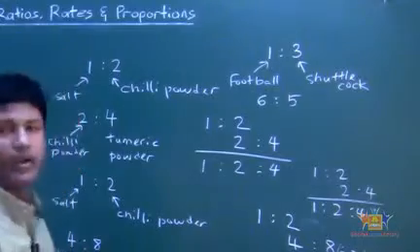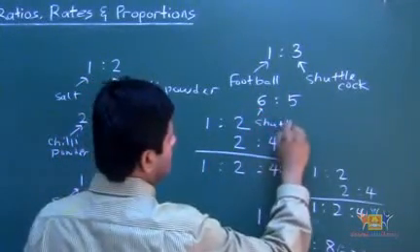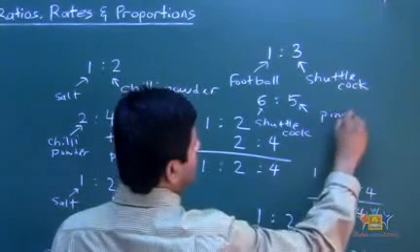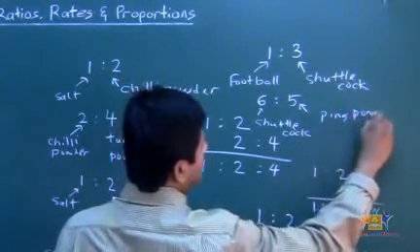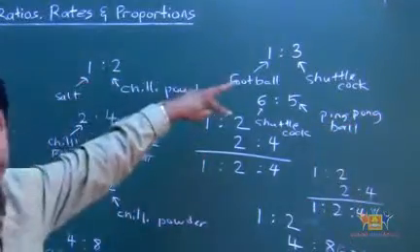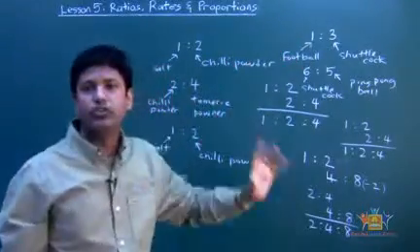The 6 is the shuttlecock, and 5 is the ping pong ball. And I want to combine them into one ratio with 3 quantities.